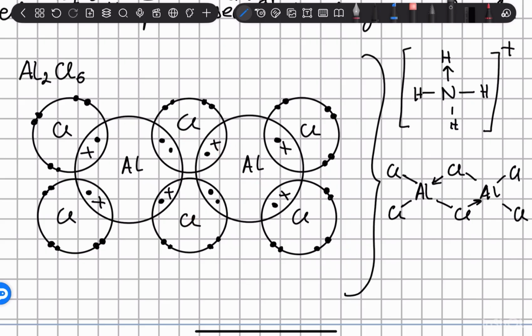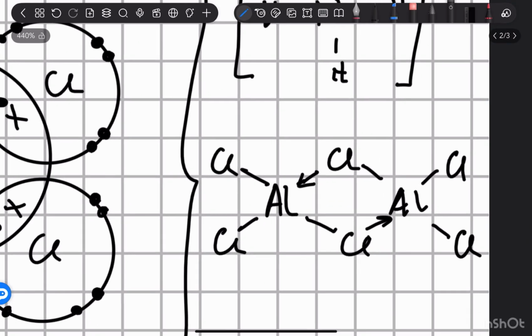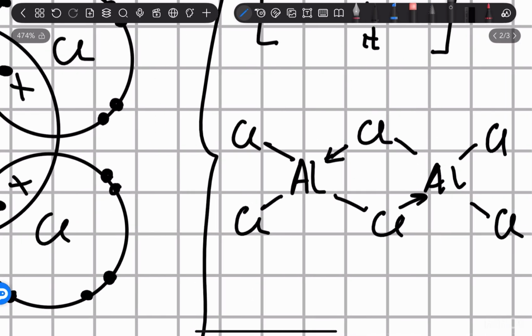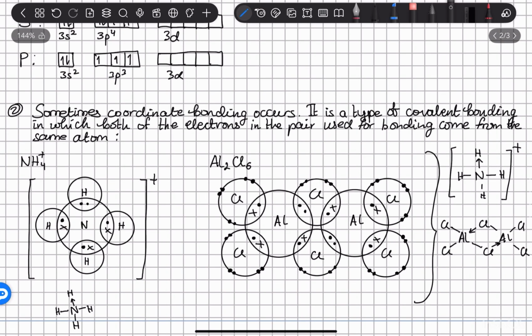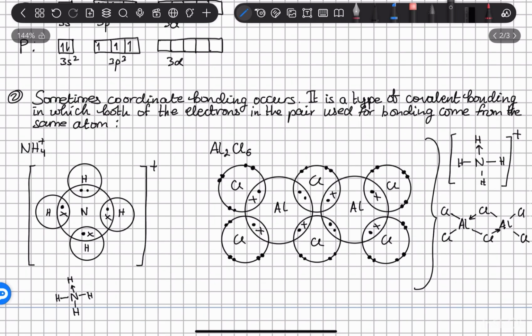And the same goes for this chlorine atom. So it sort of looks like this. One chlorine atom donates to one aluminium atom, and another chlorine atom donates to another one, so that every atom can complete its octet. And yeah, that's basically what coordinate bonding is all about.